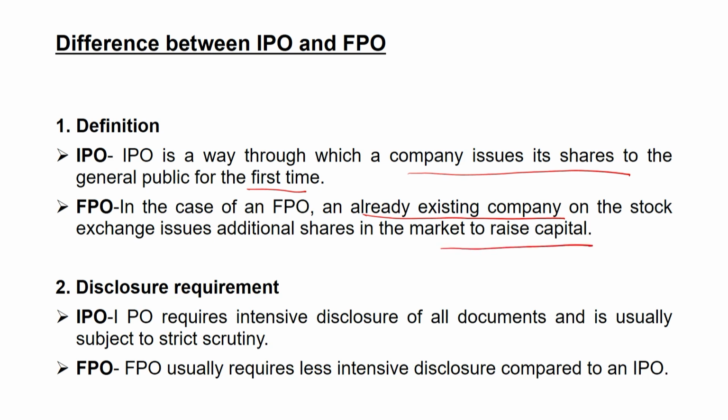So, the simple difference is that the IPO is raised for the first time in the market, whereas in the case of FPOs, additional shares are issued by the existing company.